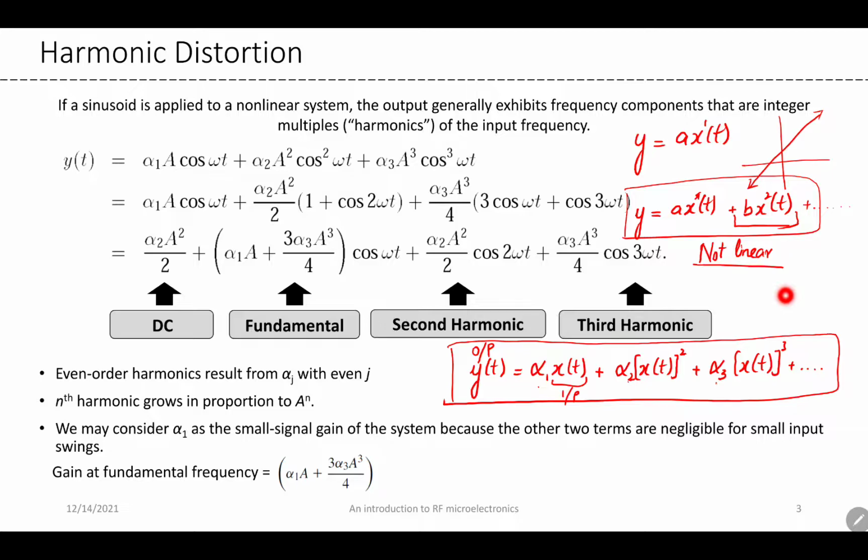Now, we talked in the introductory slides about why we love sinusoids: because we can replicate any other system if we understand the behavior of a system to a sinusoid. So now we'll treat this x of t as a sinusoid. We'll say that x of t is a cos omega t. Once we do that, then we have this relation.